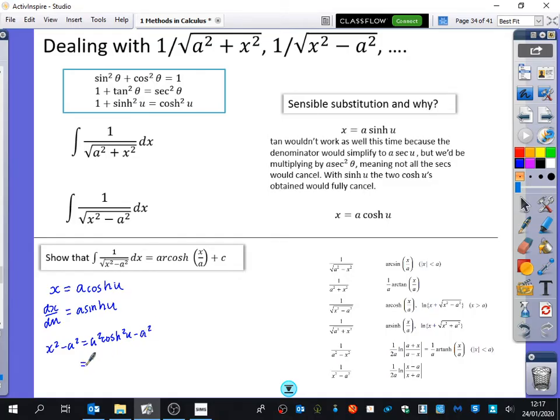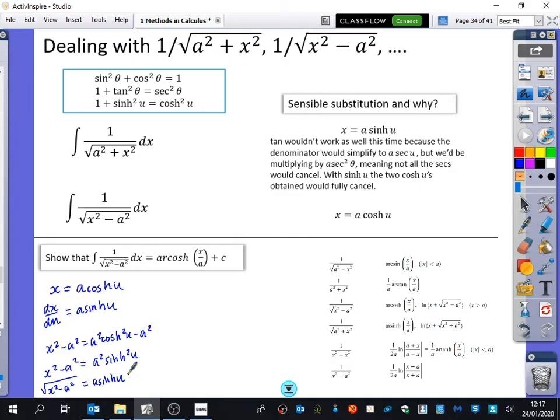What's a squared cosh squared u minus a squared? Cosh squared minus 1, which is sinh squared u. So x squared minus a squared is that, so the square root of x squared minus a squared is just a sinh u.